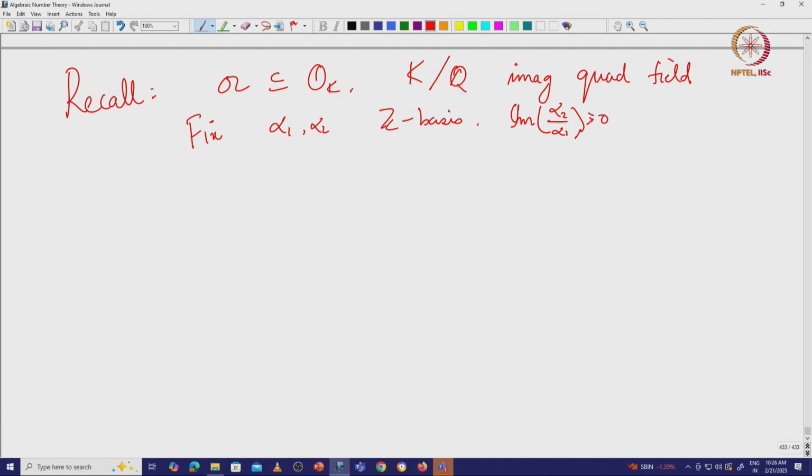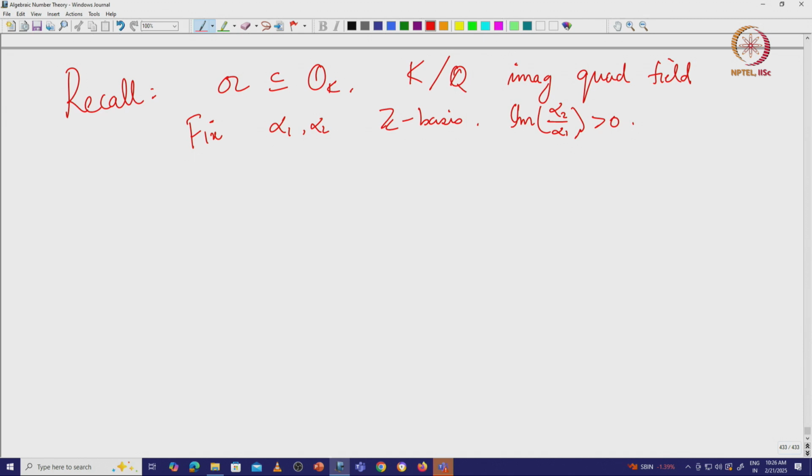So, if that is not true, then all we have to do is change the order. If the imaginary part of alpha 2 by alpha 1 is less than 0, then this will mean that the imaginary part of alpha 1 by alpha 2 will be bigger than 0.